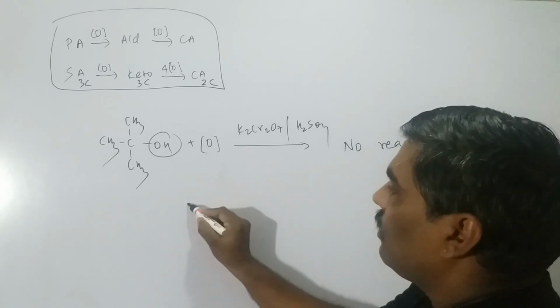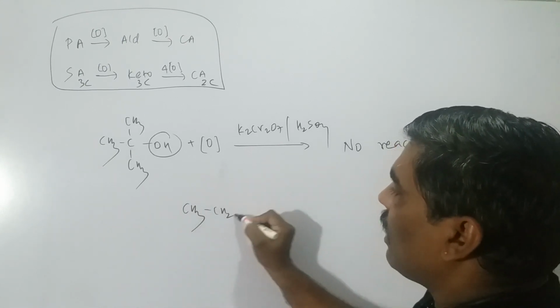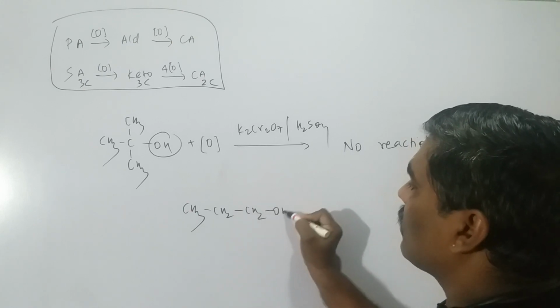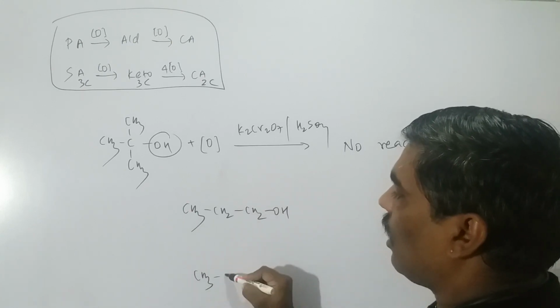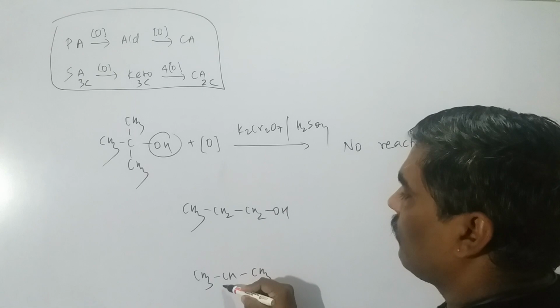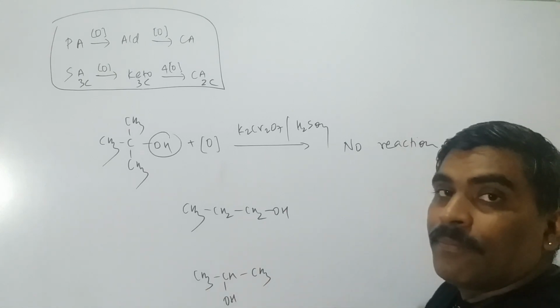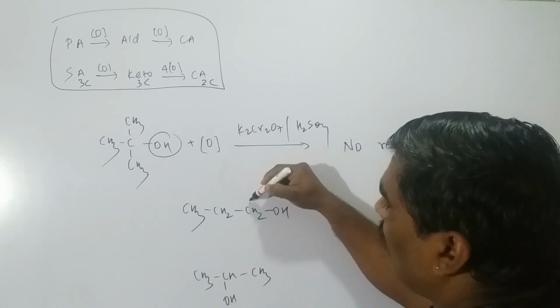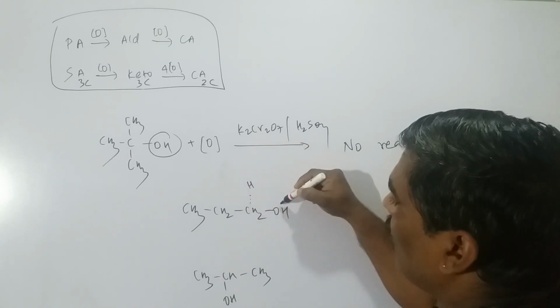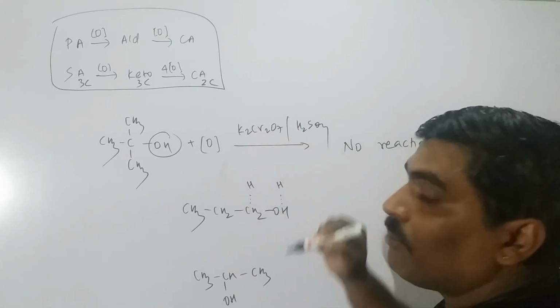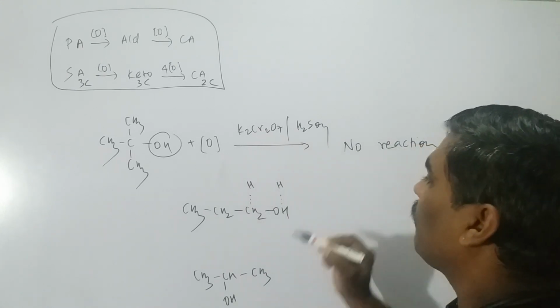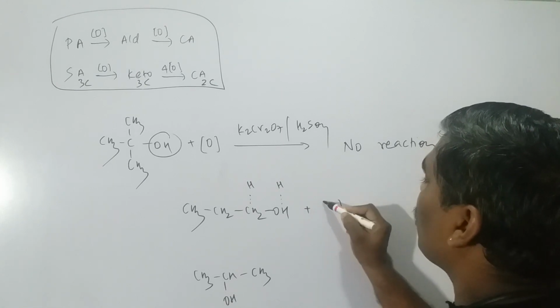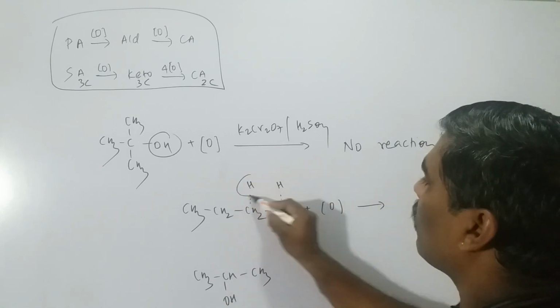Just see, when we were doing primary alcohol and secondary alcohol, I said alpha hydrogen comes out, hydrogen from the functional group comes out, and with the oxygen, a water molecule forms here.